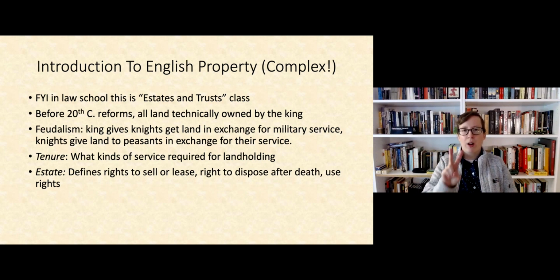Now, two concepts that I'm going to go over in the next two slides that are central to understanding this are the notion of tenure and the notion of an estate. Now, these sound really similar, but tenure is the agreement over service in exchange for the right to hold land. So in the case of a knight, for example, that tenure arrangement is about military service.